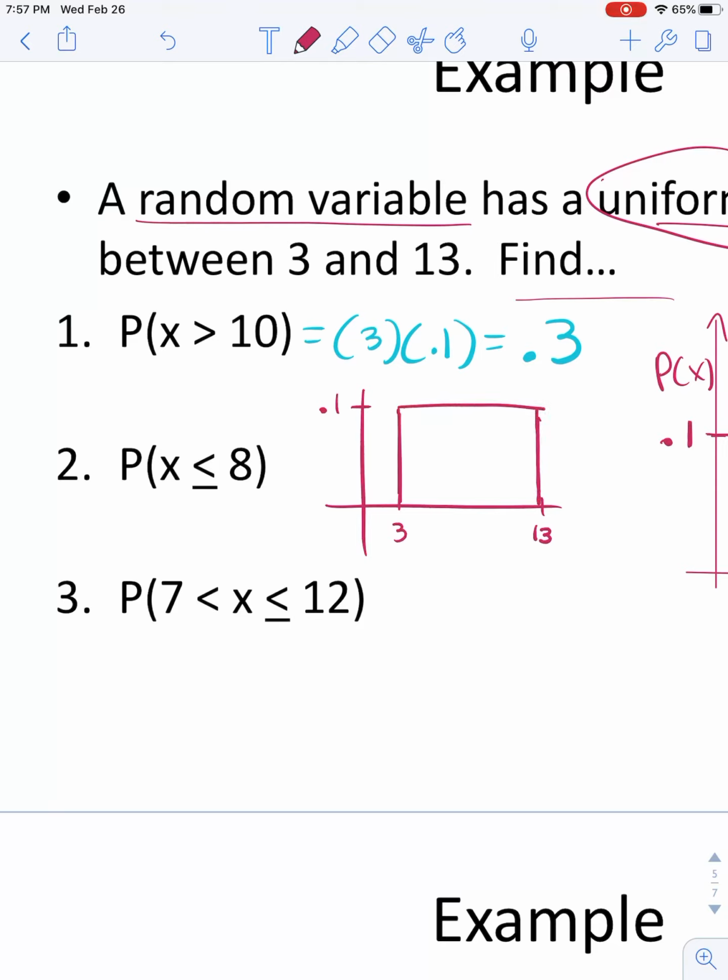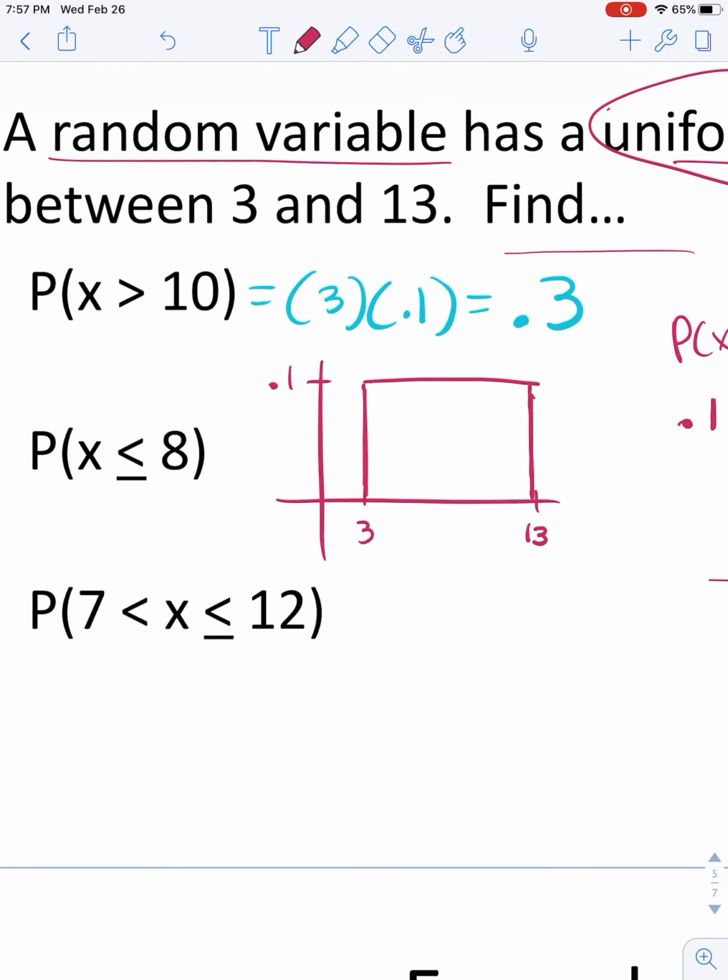So now they want less than 8. So I'm going to find 8 somewhere on the number line. I still know from that first part that the height is 0.1. There's 8, and they want less than 8, which is really this chunk of the rectangle.